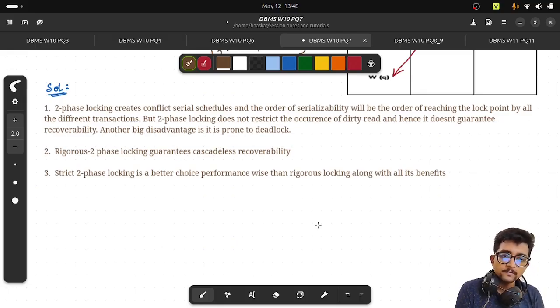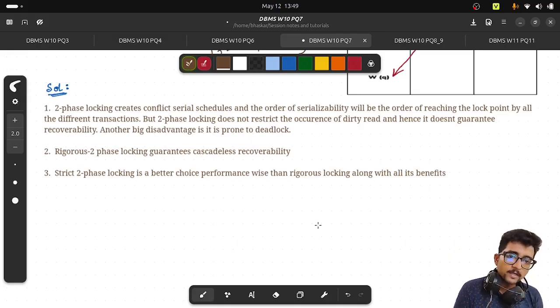What are the rules of two-phase locking? It's basically one simple concept: once you have started unlocking data items, you cannot restart locking. At first, in order to write or read something, you will gain an exclusive lock or shared lock. So this is the lock gaining phase, and then at some point you have to release the lock.